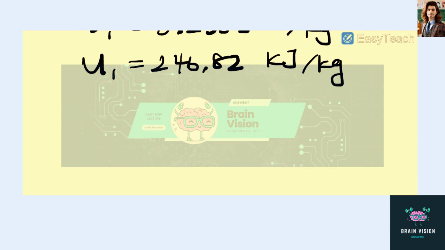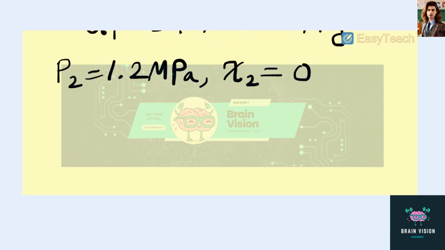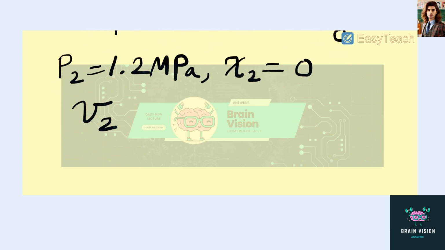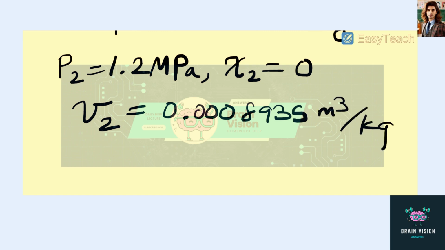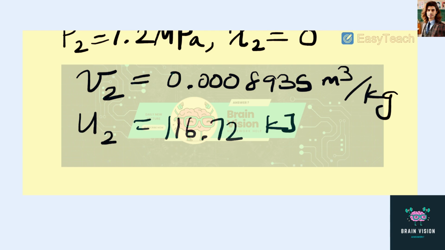Now we're going to solve for our specific volume at 2. We use that P2 is equal to 1.2 MPa and that X2 is equal to 0, and refer to that same table. We'll see that our specific volume at 2 is equal to 0.000895 cubic meters per kilogram. Similarly, our specific energy at 2 is equal to 116.72 kilojoules per kilogram.